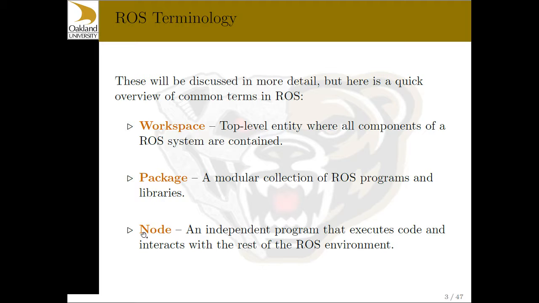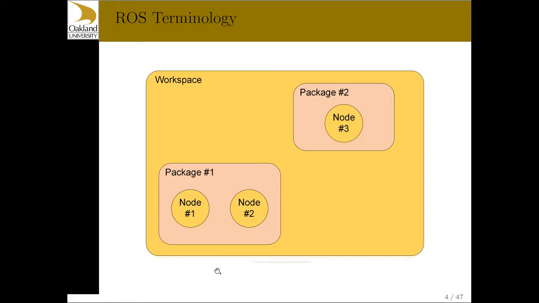Okay, and then node. This is just a single program that runs and interacts with other nodes that are also currently running. This is a really abstract drawing of how ROS is set up. You have your workspace that encompasses everything, and in this case 2 packages. Each package compiles some number of nodes.